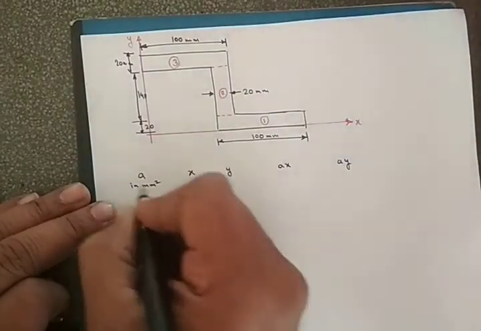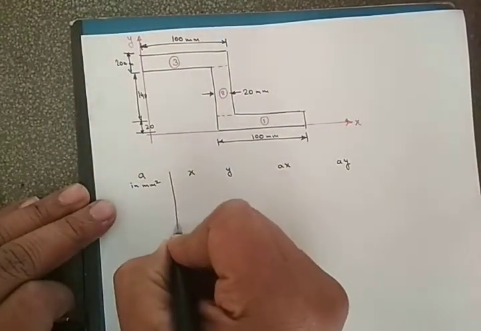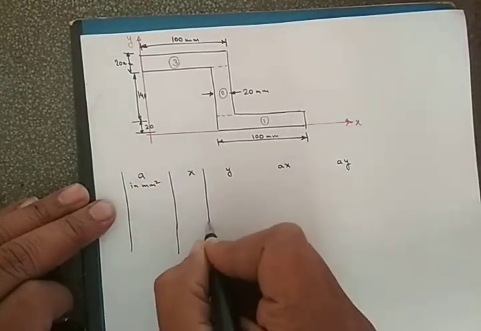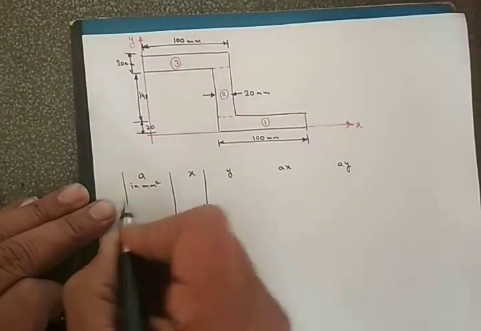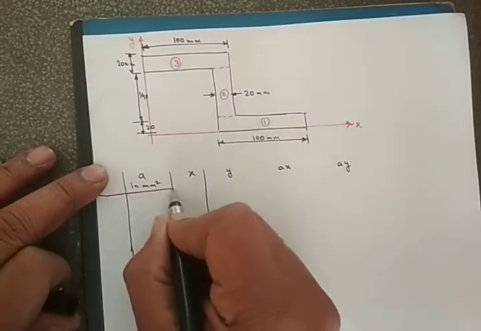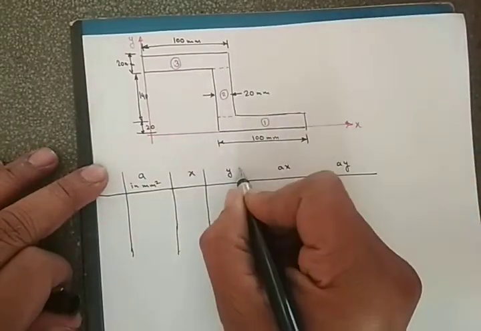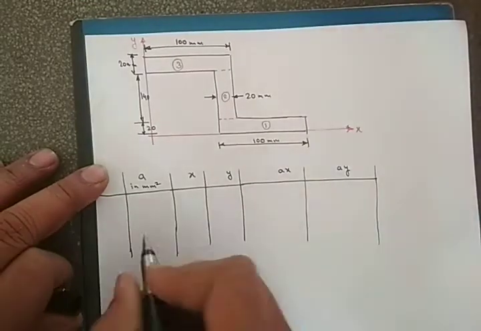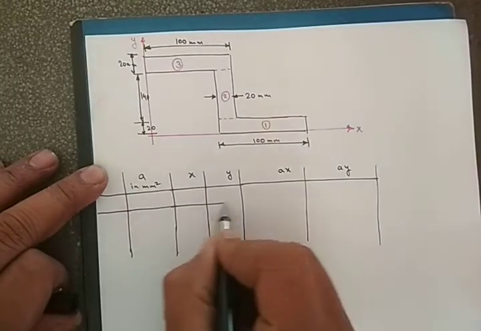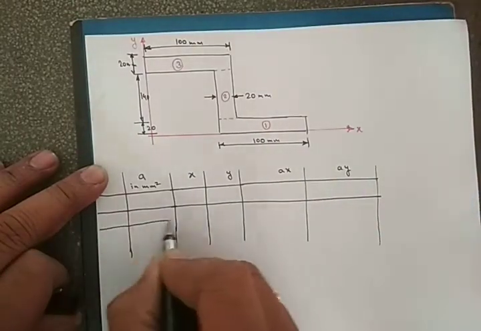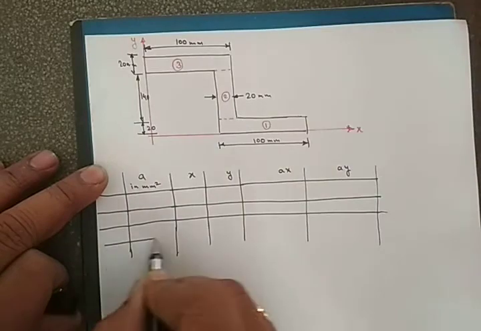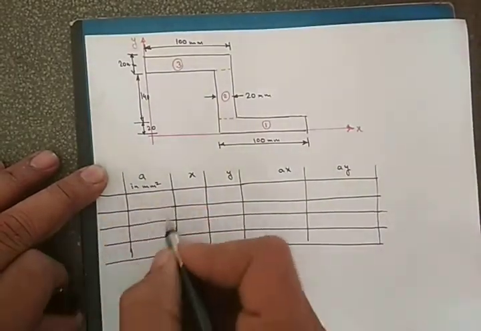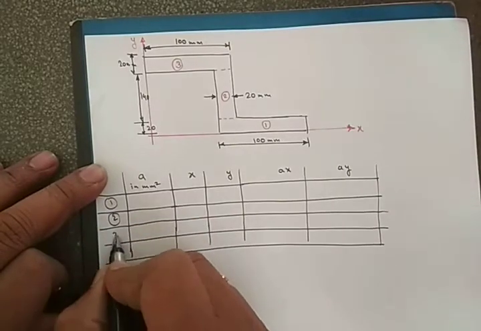Now how many figures do we have? We have 3 figures. This row is for the first figure, this is for the second figure, and this is for the third figure, and this is for summation. Now 1, 2, 3.